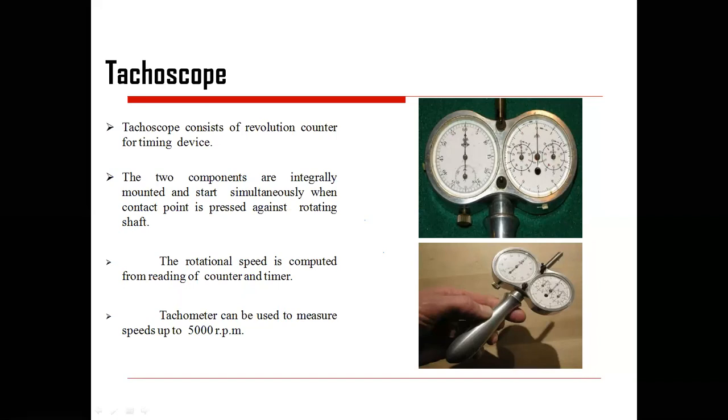One is this one, another one is this one. Here you have the two dial gauges, and here you are trying to connect this shaft. I will show that particular shaft. So here you are connecting.